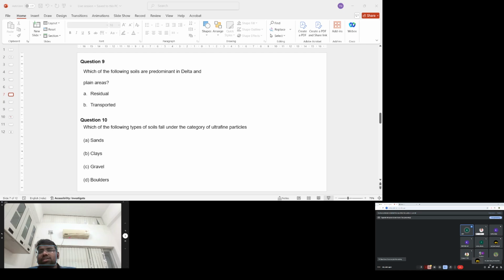Obviously, it is essentially due to that process that deltas are formed. A lot of silt-sized materials carried by the river are deposited in a particular region in the form of a delta, because of which we term these regions delta. So essentially it is a transported soil.